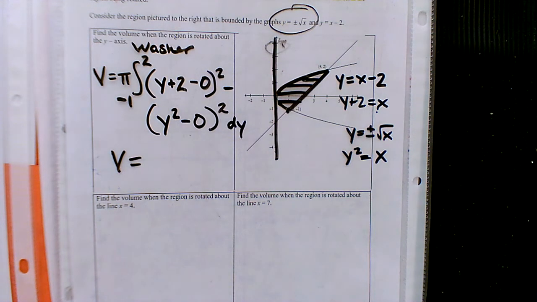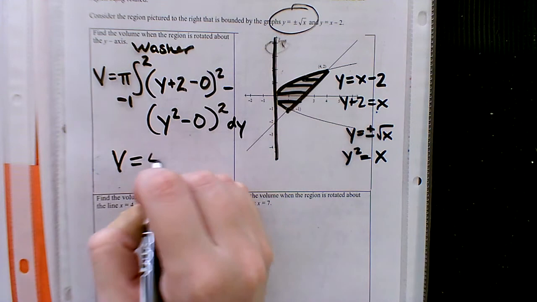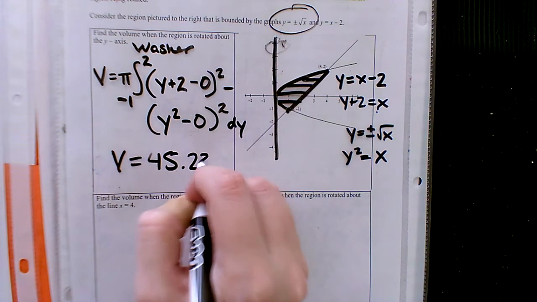It's y's on your paper, but you can type in x's on your calculator. Would it be 45.239?